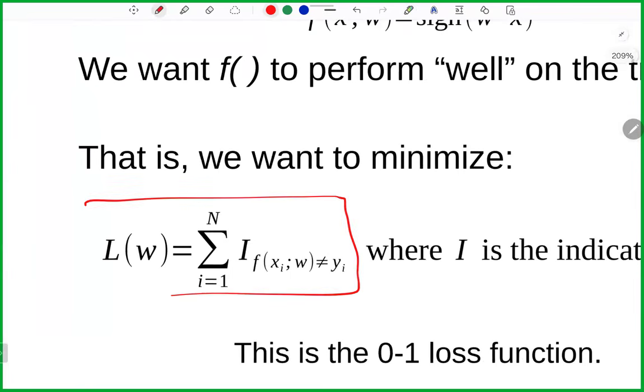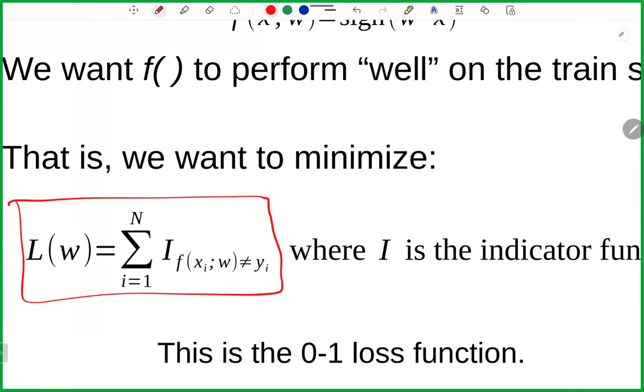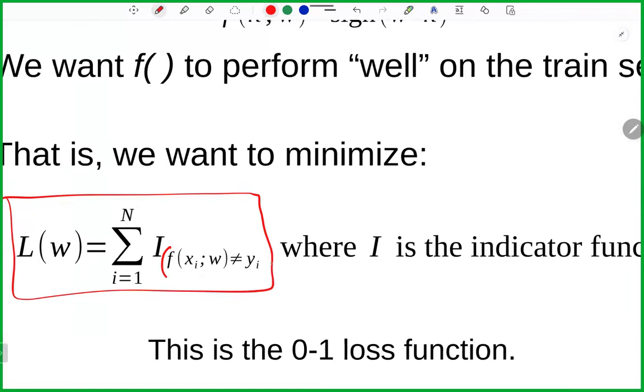Try to understand this expression. It's a sum over training examples. There are n of them. And I here is the indicator function, which means if the mathematical expression here is true, it returns 1. If it's false, it returns 0. And what does that expression say?